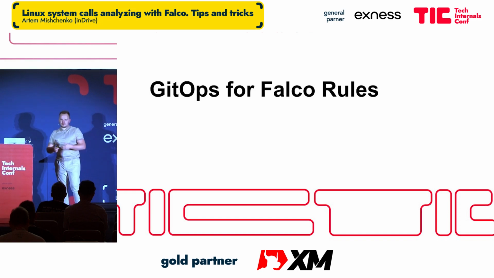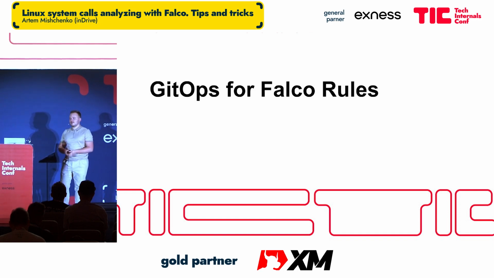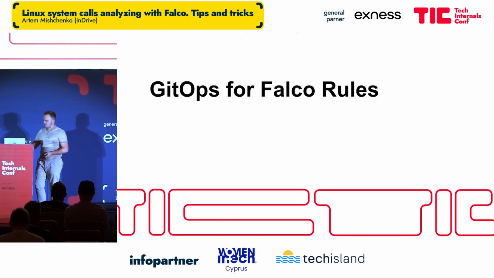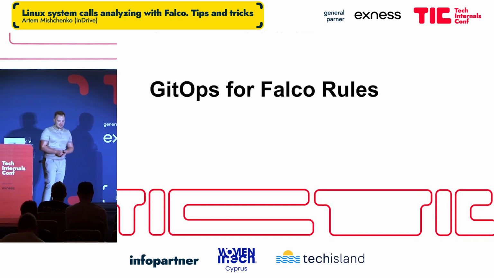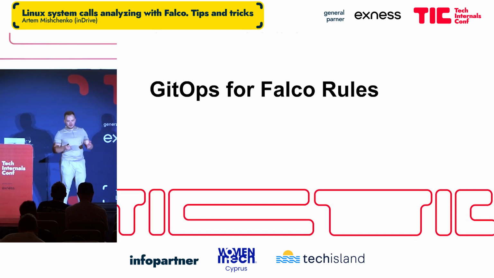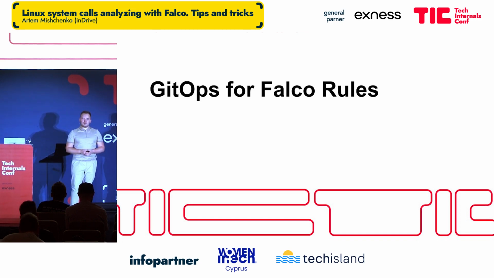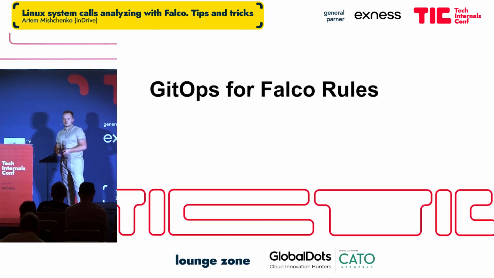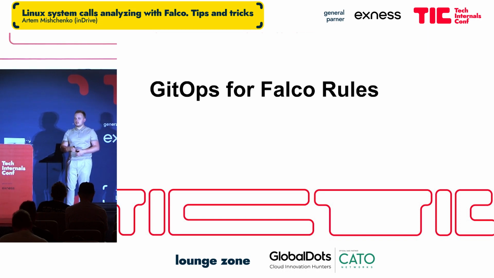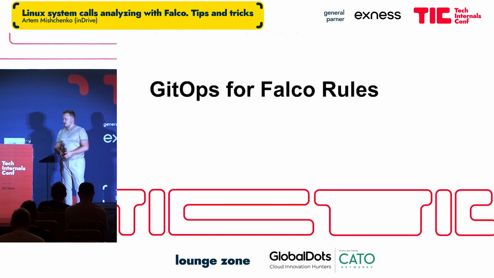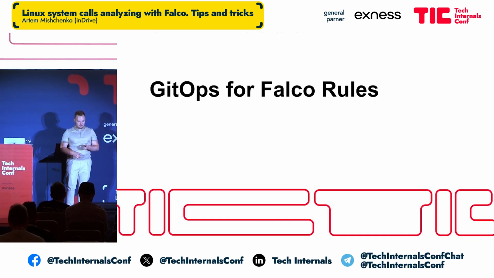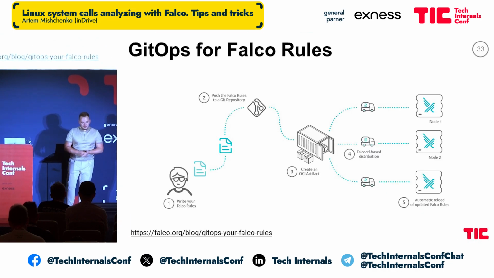These tasks could take days or even weeks, because guys from other teams have their own responsibilities, tasks from business and so on. So it was not suitable with such a tool as Falco with its rich opportunities for rules development. So it was not good for us, and there is a solution.